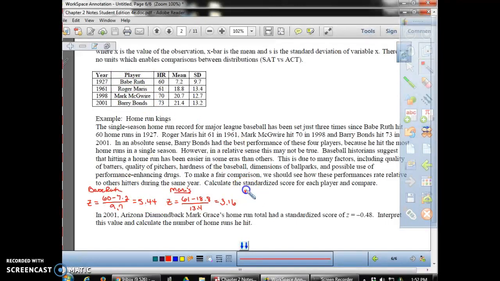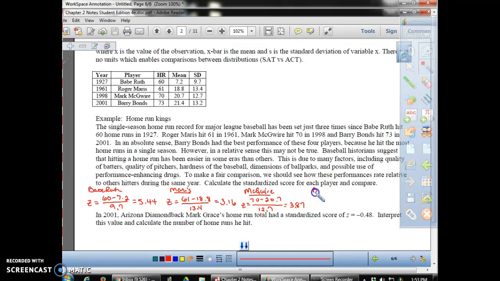Then let's do Mark McGwire. McGwire has 70. And you want to set up your formula and always say what you're finding is a z-score. So 70 minus 20.7 all over 12.7. And that is going to give us 3.87.